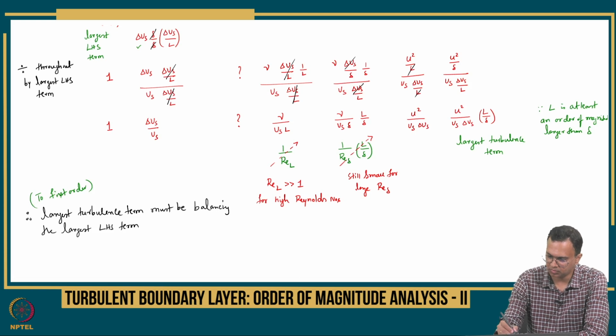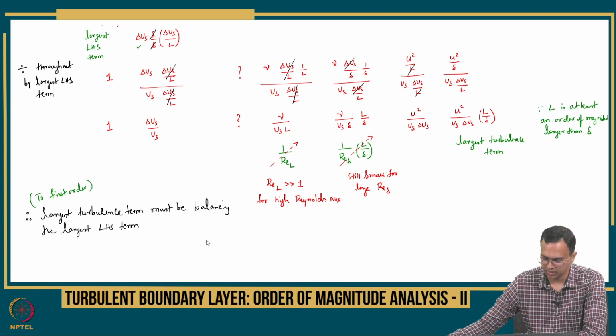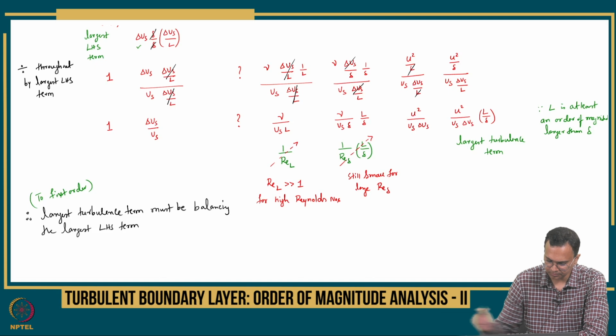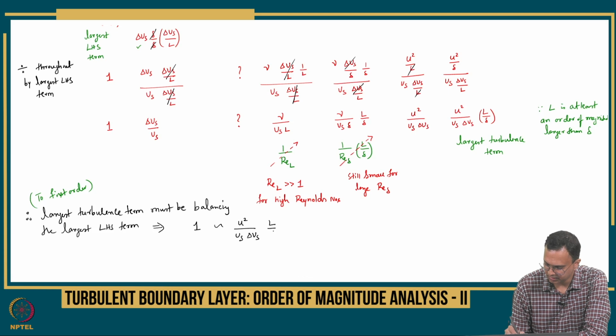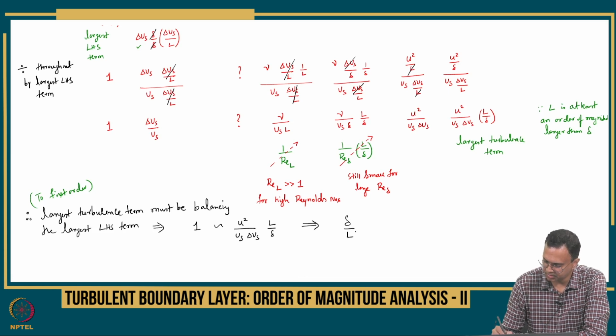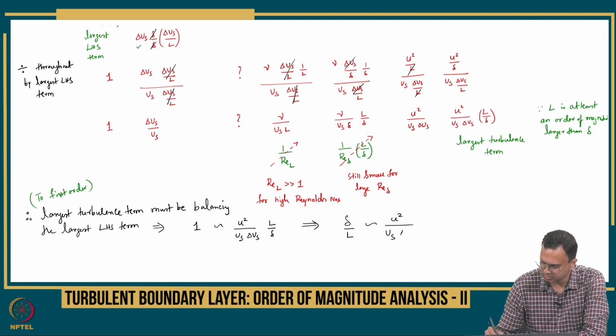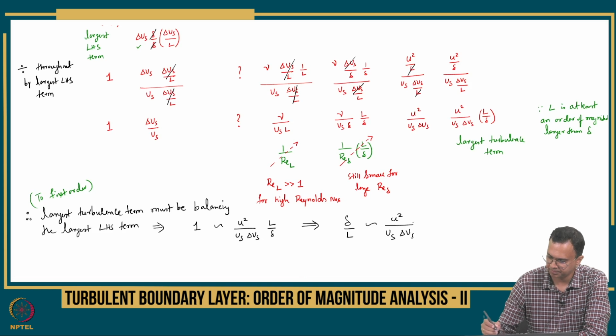So what we have now learned is that this particular thing implies that 1 is of the same order of magnitude as u square by Us delta Us, times L by delta, which is nothing but delta by L is of the same order of magnitude as u square by Us delta Us.